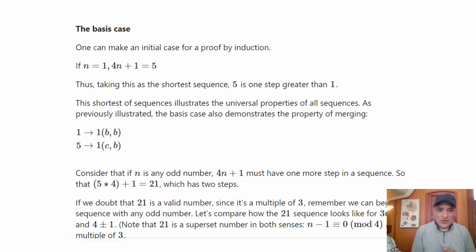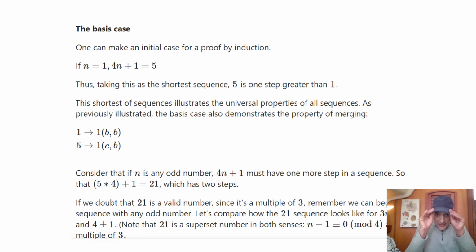So this shortest of sequences illustrates the universal properties of all sequences. As previously shown, the base case also demonstrates the property of merging, where we have 1 to 1 and 5 to 1. And then if we go back from there, consider that if n is any odd number, 4n plus 1 must have one more step in a sequence.